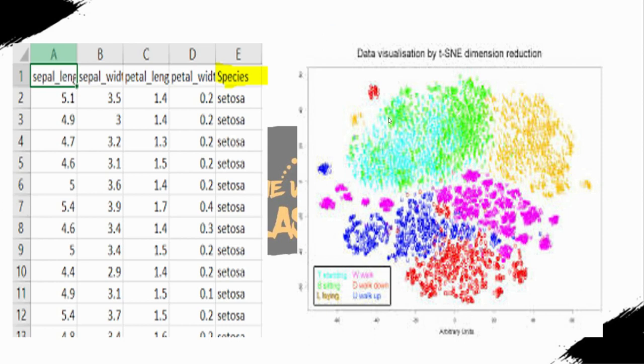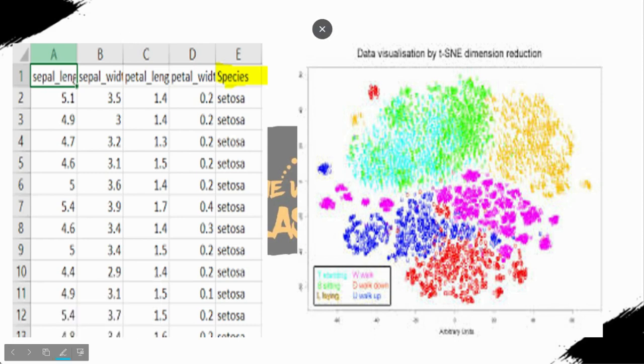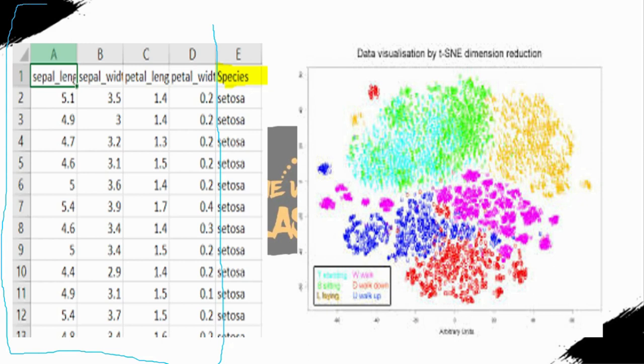Now, let me take up a different color. Let this part be the input part and let this part be the output part. These are x's and these are y's.